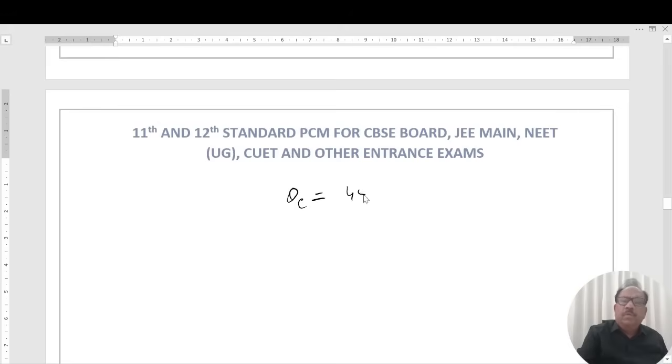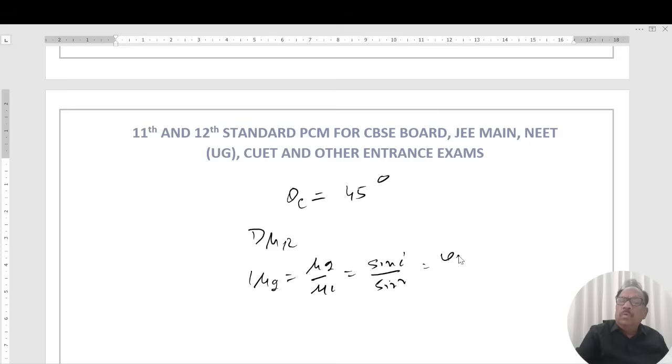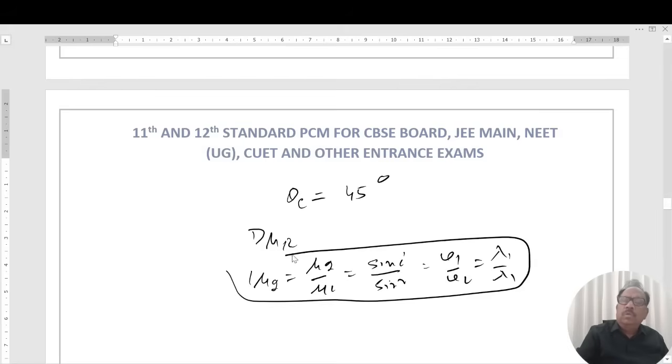We know 1 mu 2 equals mu 2 over mu 1 equals sin i upon sin r equals v1 over v2 equals lambda 1 over lambda 2. This is all Snell's law.